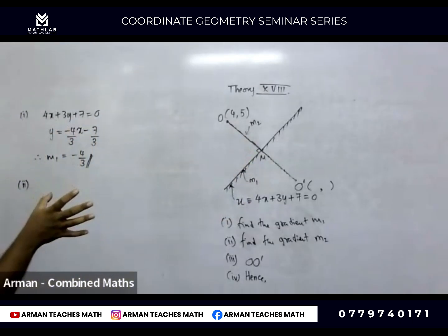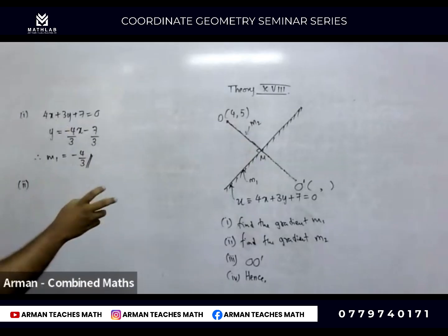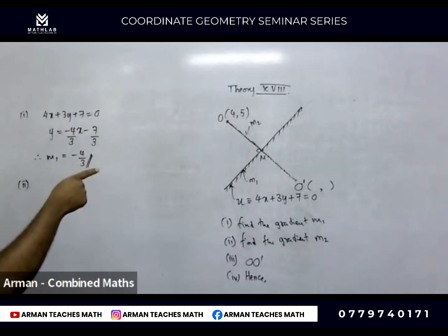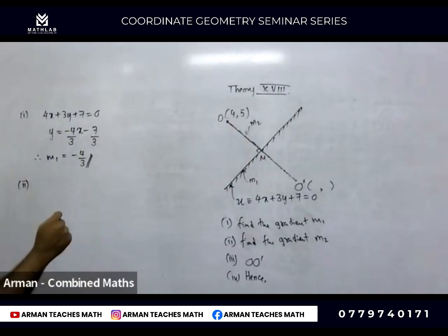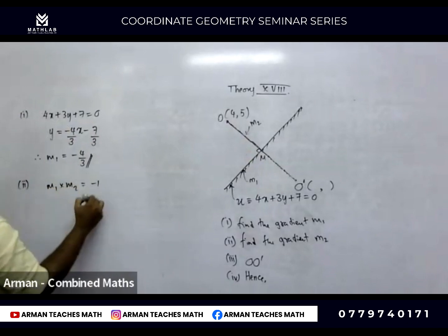If two straight line segments not parallel to x-axis or y-axis are intersecting each other perpendicularly, the product of the gradients is going to be -1, no?